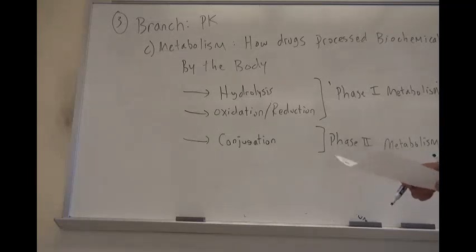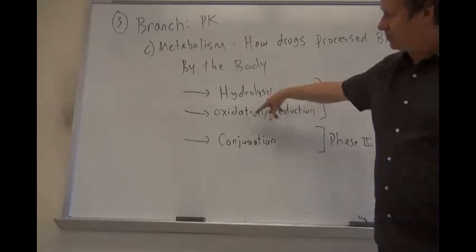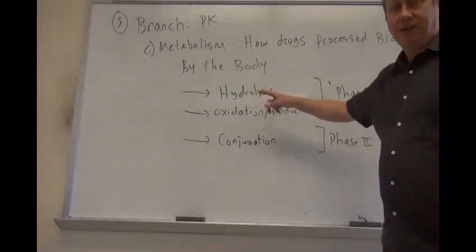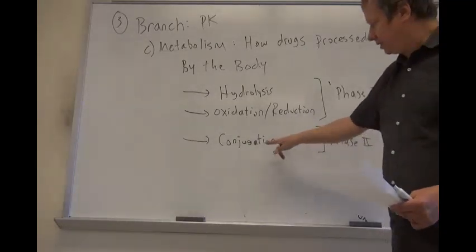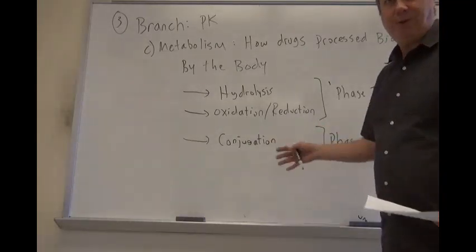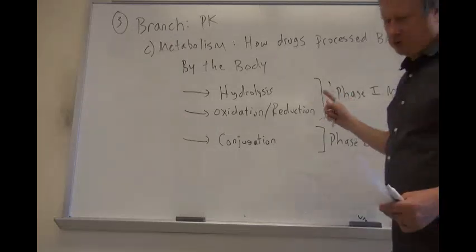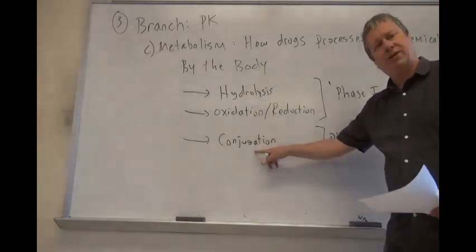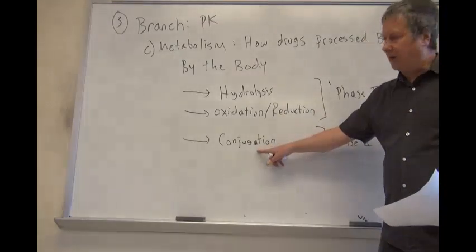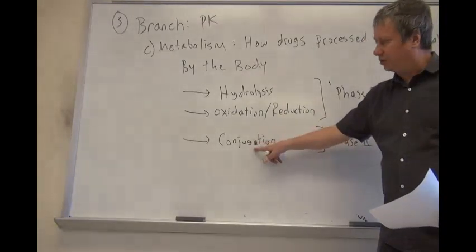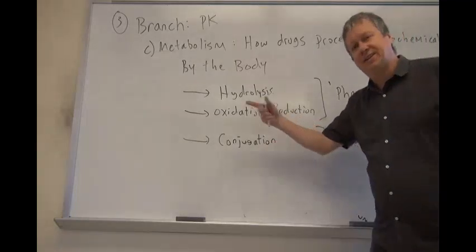So let's show an example. We're going to go into extreme depth into hydrolysis and the oxidation and reduction reactions and show a lot of examples. Let's just show an example of conjugation and what I mean by that. Usually when you conjugate something, you're attaching a polar molecule to a drug that enhances its excretion.